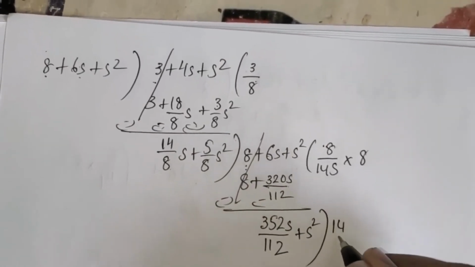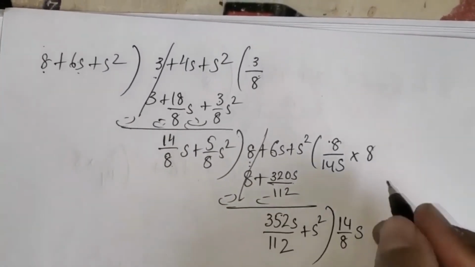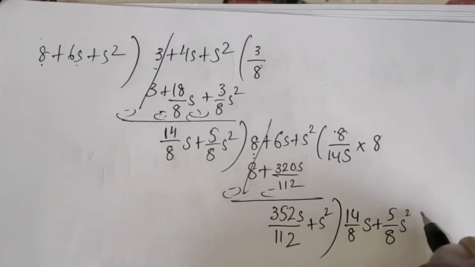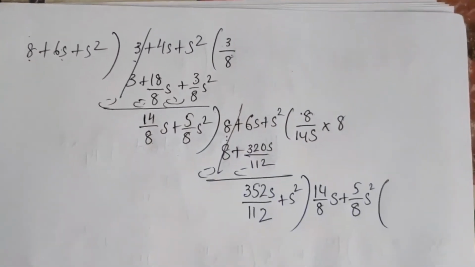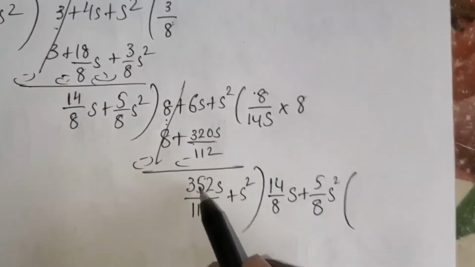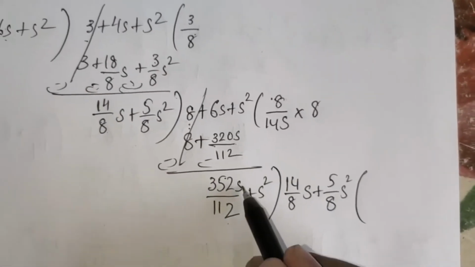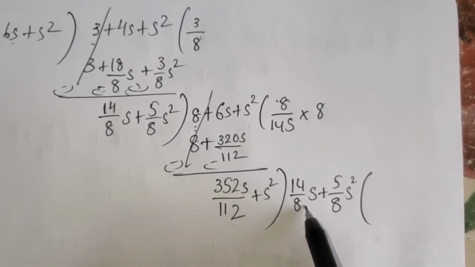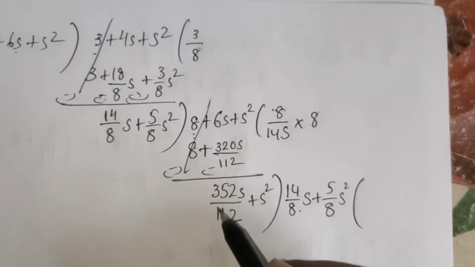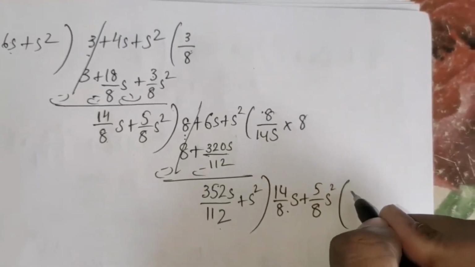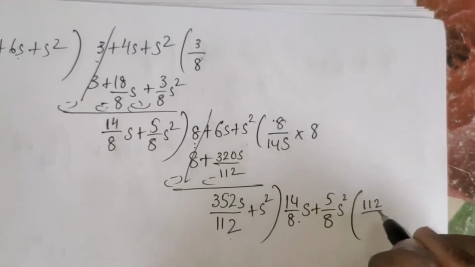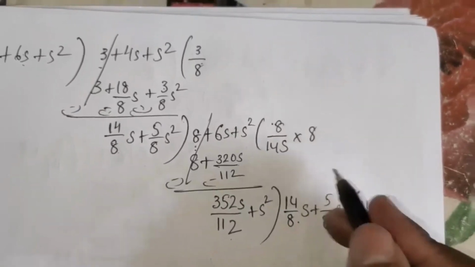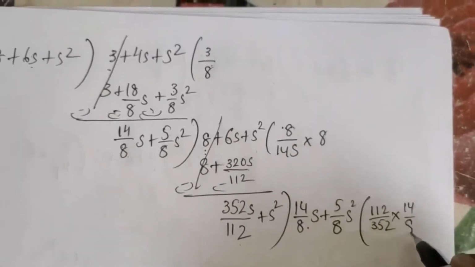So 14 by 8 s plus 5 by 8 s square. Here I have 352 by 112 into s, but I want 14 by 8 into s. So in order to make that value 1, I will multiply by 112 by 352 into the value that I want, 14 by 8.